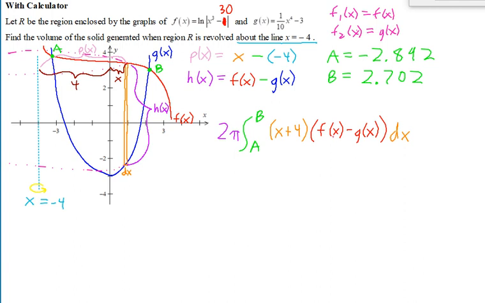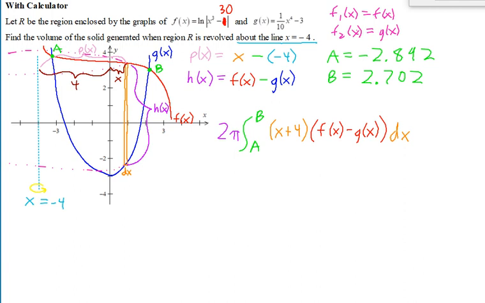Then you could put f1 of x minus f2 of x, but to me that's more work. Why would you do that when you can just use f and g here? So it's easier to do it that way, with just the original functions we give you. Or if they're y equals, not given function names, then you could write f1 of x equals the whole thing, f2 of x equals the whole thing, and then put those in there. But again, it might be easier to just write the functions in here as they are anyway.